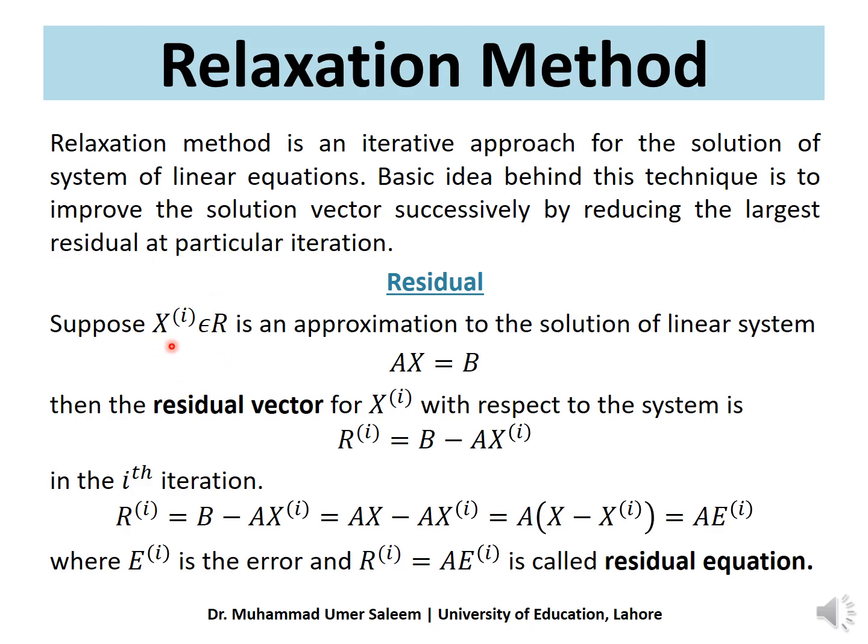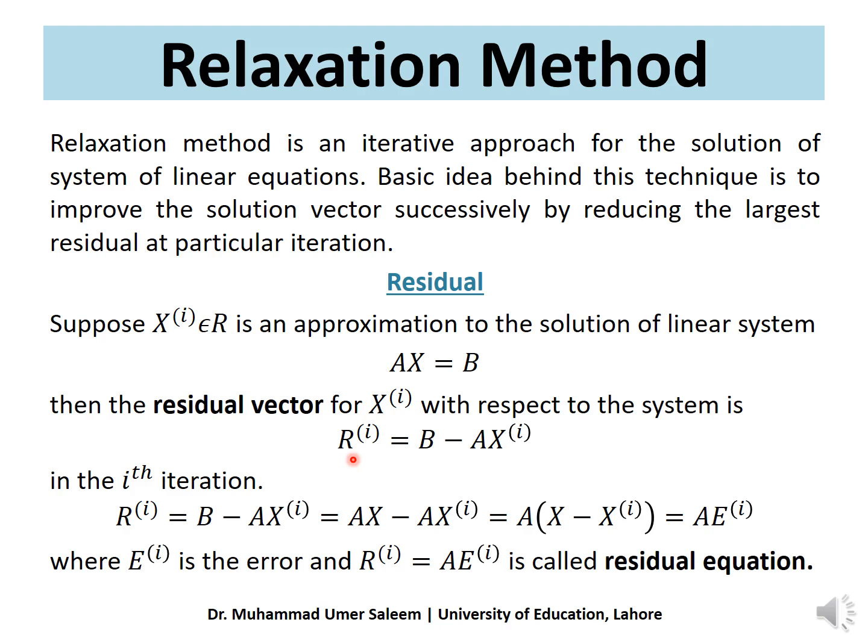Suppose xi is an approximation to the solution of the linear system Ax = b. Then the residual vector with respect to the system Ax = b is expressed as ri. We take all the components from the left-hand side to the other side, making it 0. These terms, b minus Axi, where xi is the guess, give you the residual.